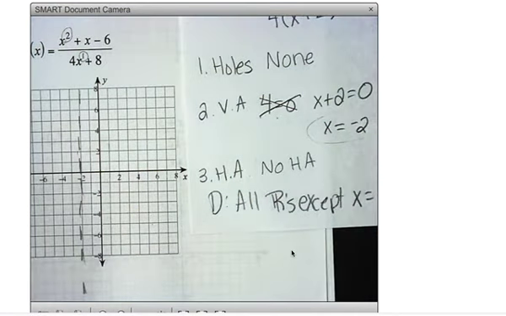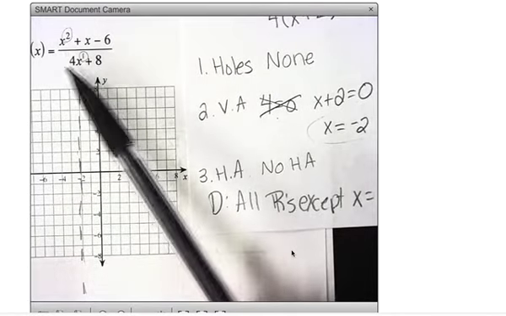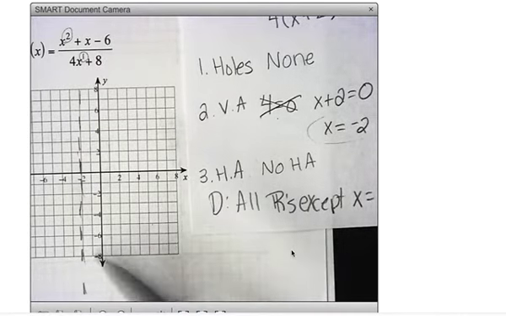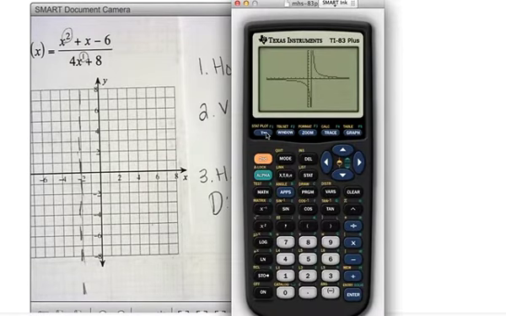Way back when the slant asymptotes were in your curriculum, this 2 is only one larger than the one on the bottom, so there is going to be a slant asymptote, but we don't have to find it. Okay? So let's go ahead and go to our calculator and sketch it. There's no horizontal asymptote, so that's why I'm not sketching one of those.